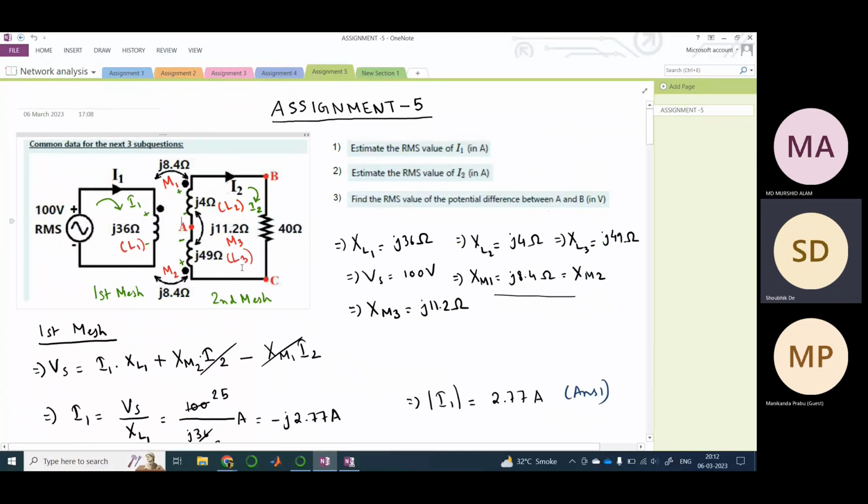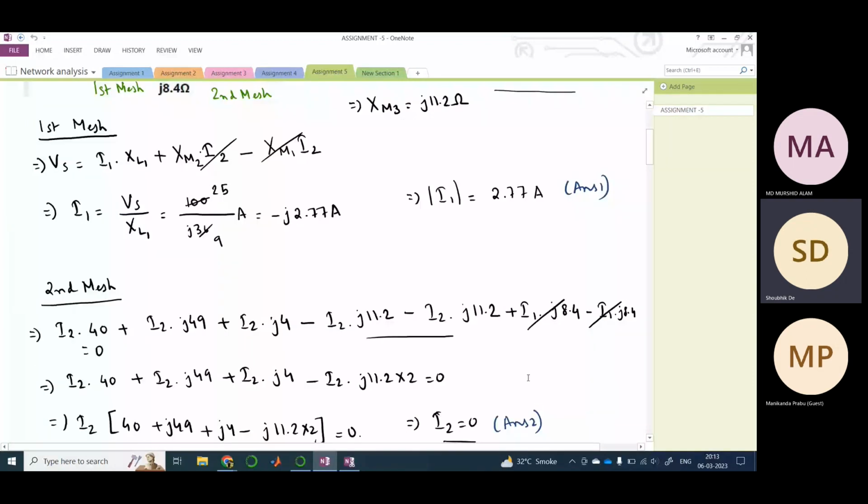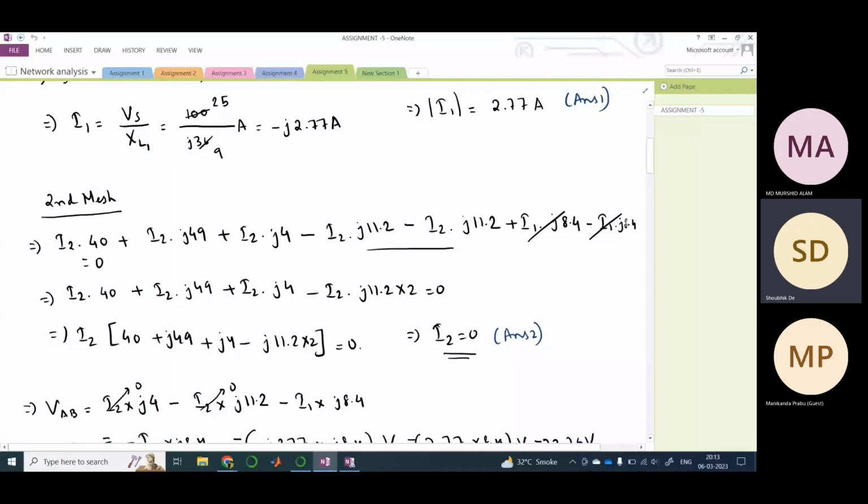On the other hand, L1 and L3 are coupled in the same direction. We saw I2 is entering through the plus terminal of L3, and I1 is also entering through the plus terminal of L1. That is why these two terms will get cancelled, and your I2 will come to 0. So this is the answer to the second.